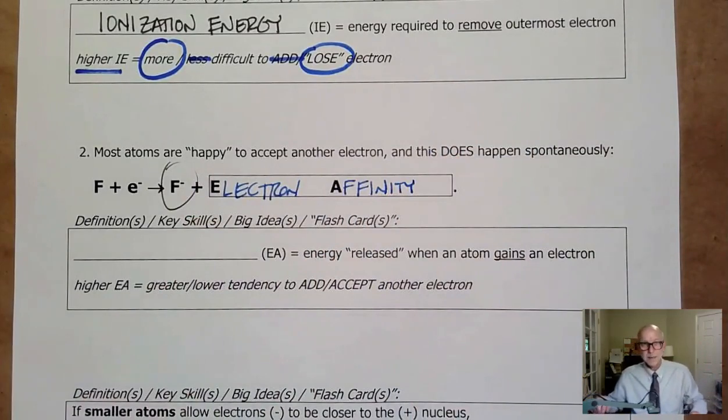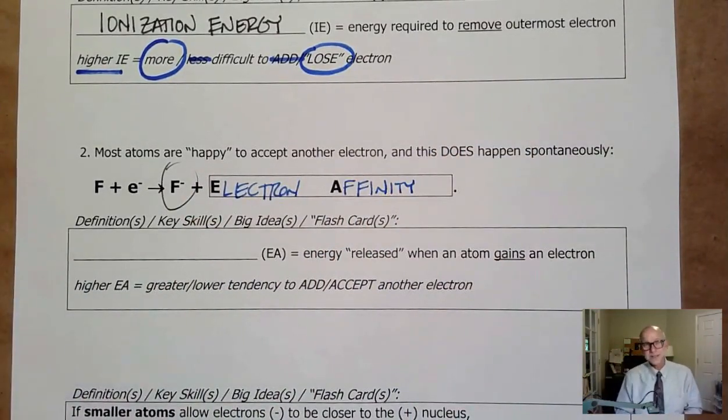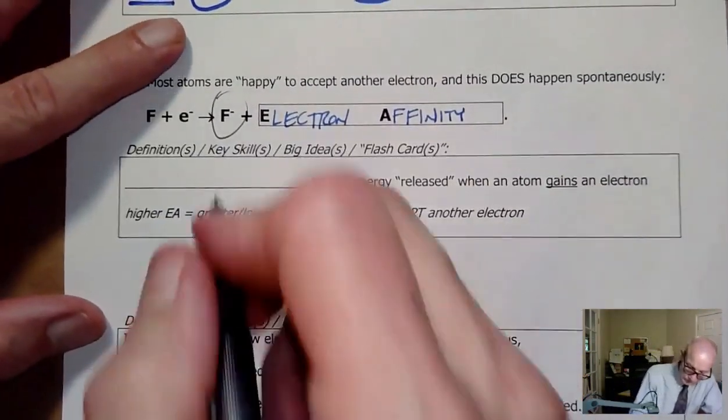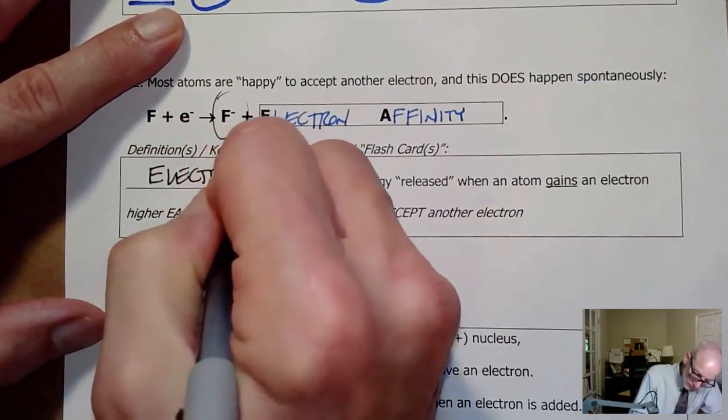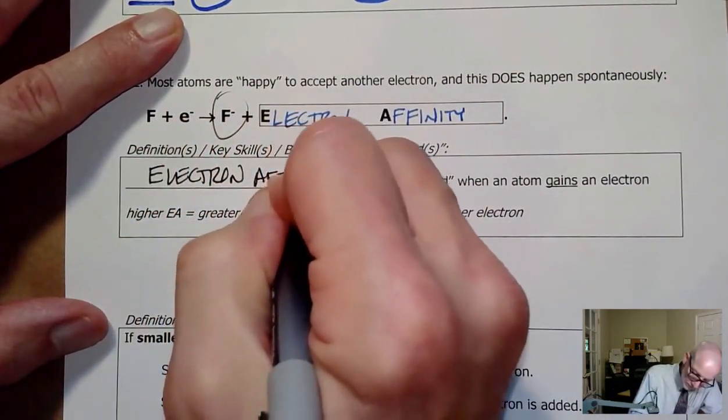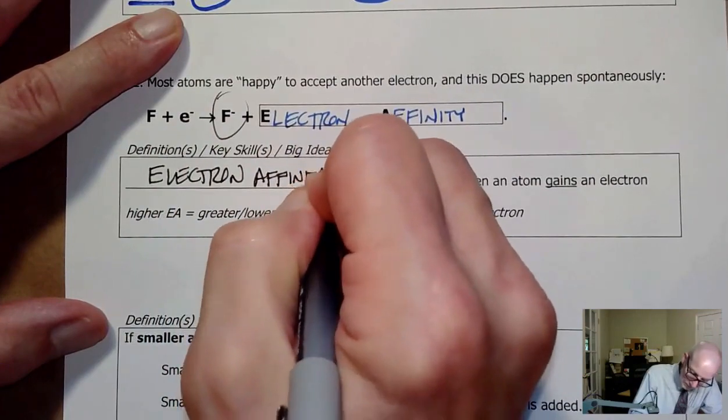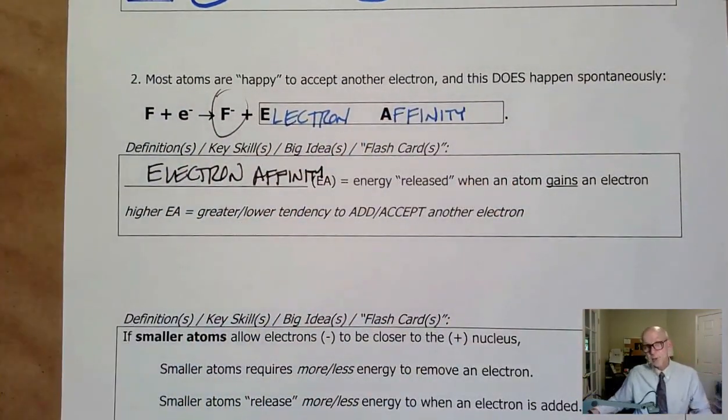That's sort of like the happiness released when an atom gains an electron. So, electron affinity, EA, is the energy released when an atom gains an electron.